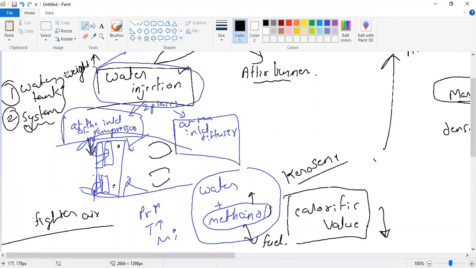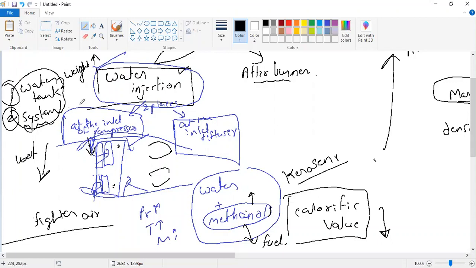So if the weight of the aircraft increases, what will happen? Entire aviation, from the first semester onwards, we are learning that we should try to reduce the weight of the aeroplane. But here, because of all this, weight is increasing. So if the weight of the components increases, the takeoff payload decreases.